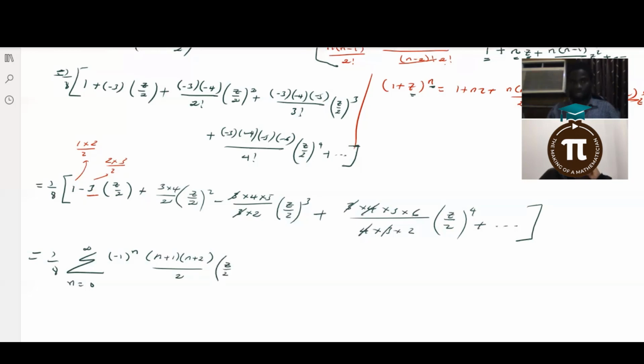Times (z/2)^n. So this is written in summation form. Do you get that?